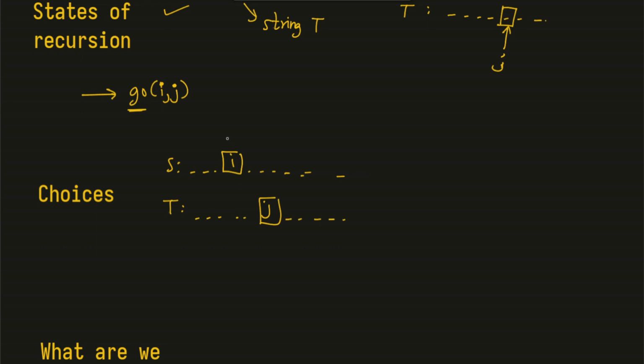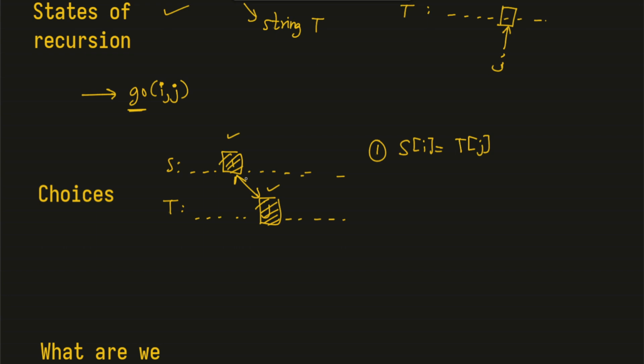Now if these two values match, that means s of i is equal to t of j, then these two can be considered in the subset, because these characters are the same and they are at corresponding positions.